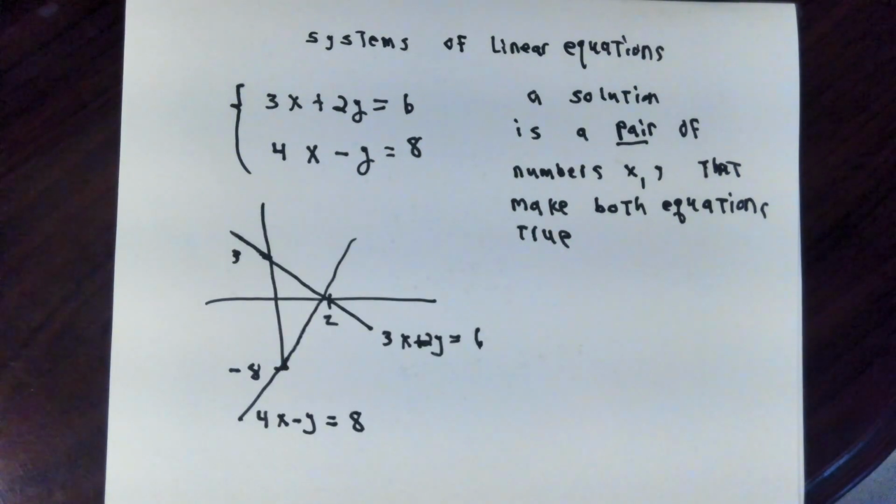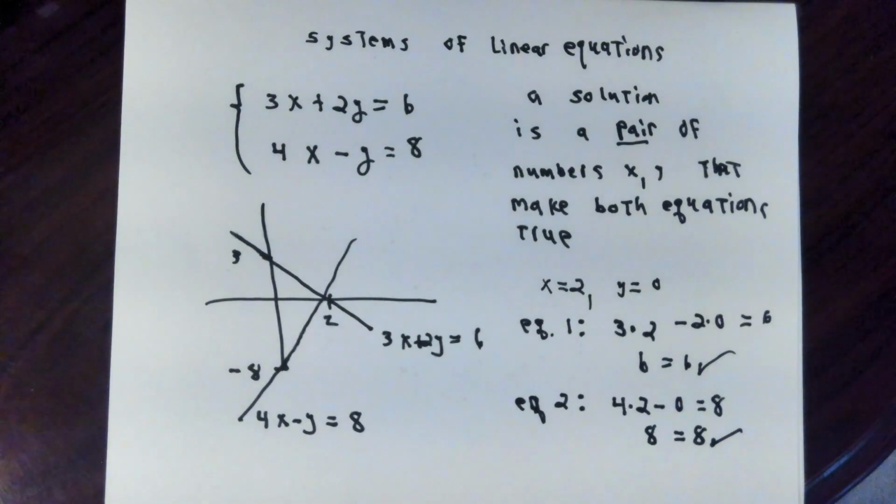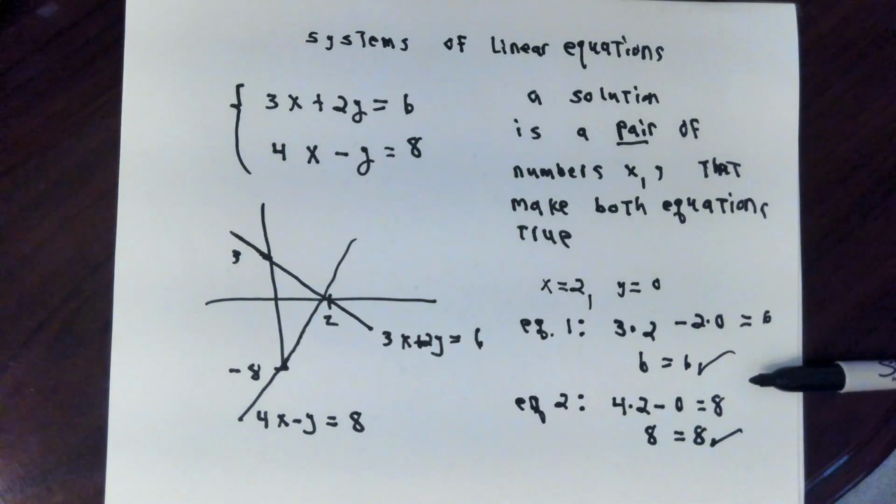In this particular example, I think it's pretty clear that these two straight lines are going to cross at the place where x is 2 and y is equal to 0. We'll check that just to be sure. Putting x equal 2 and y equal 0 into the first equation, I find out that I get a true statement.